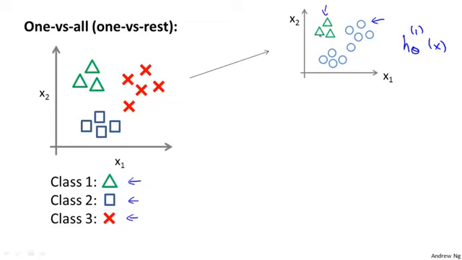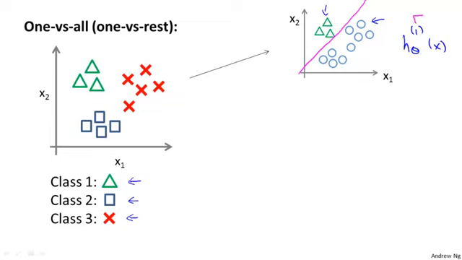So think of the triangles being assigned the value of 1 and the circles the value of 0. And we're just going to train a standard logistic regression classifier, and maybe that will give us a decision boundary that looks like that.